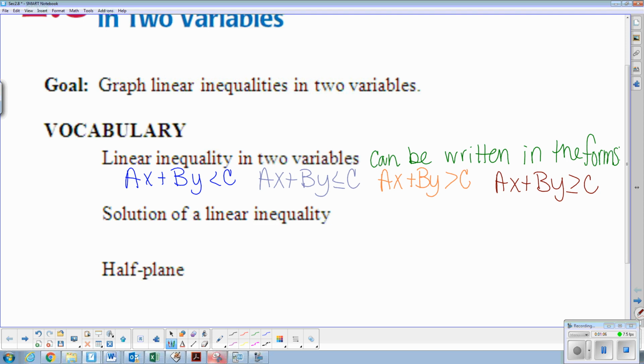So the solution of a linear inequality, stemming from that first definition, is the ordered pair x, y that's true when your values for x and y are substituted into one of these four forms, whatever form you have for your inequality.